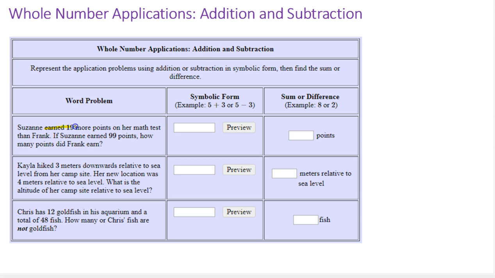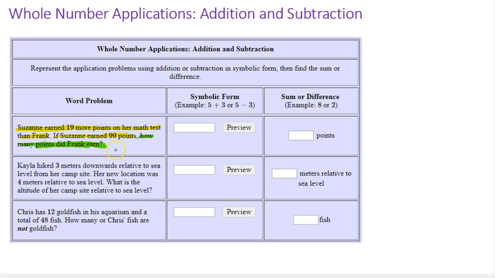Suzanne earned 19 more points on her math test than Frank. So notice this is a comparison. If Suzanne earned 99 points, so that's more given information, how many points did Frank earn? Okay. So you see 19 more points, you see 99 points.